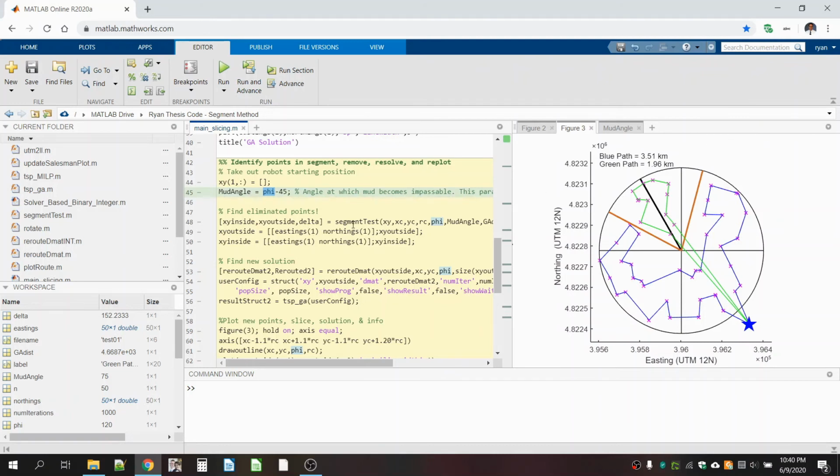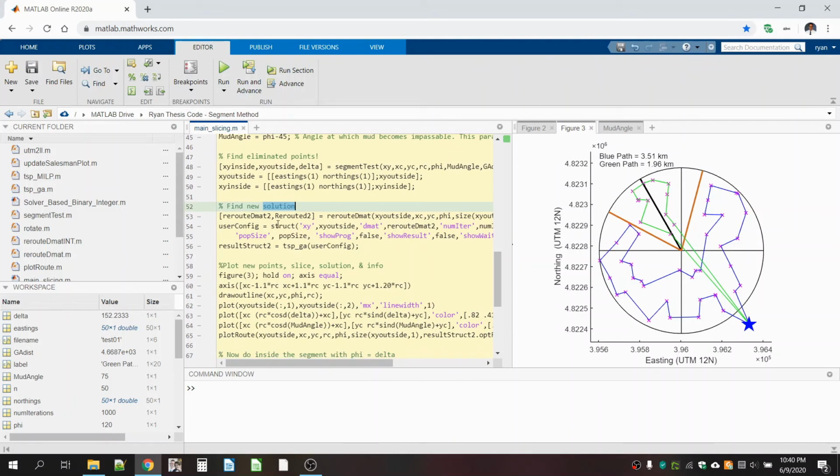Now the segment test is going to find all of your points on the inside, all of your points on your outside. And delta is the new angle, this angle right here. Okay. So then you're going to resolve the TSP problem, but this time instead of just using XY, you're using XY outside of the segment. So just these right here.